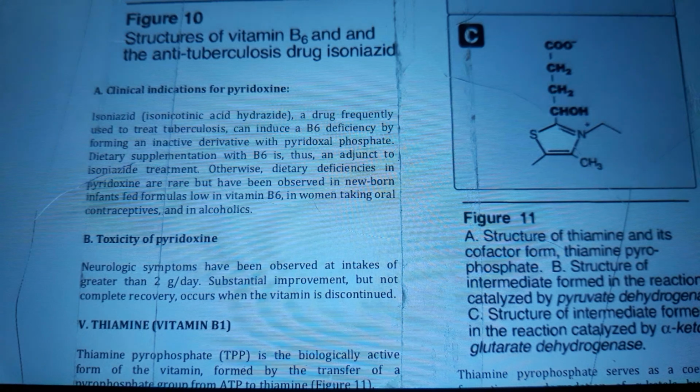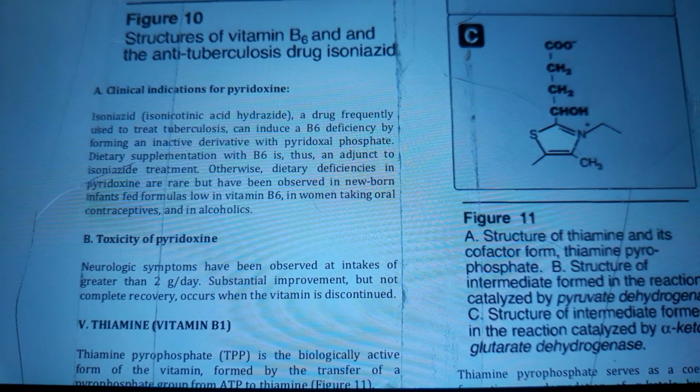Proceeding with the next point, the clinical indications of pyridoxine. Isoniazid, isonicotinic acid hydrazide, a drug frequently used to treat tuberculosis, can induce a B6 deficiency by forming an inactive derivative with pyridoxal phosphate. Dietary supplementation with B6 is thus an adjunct to isoniazid treatment.